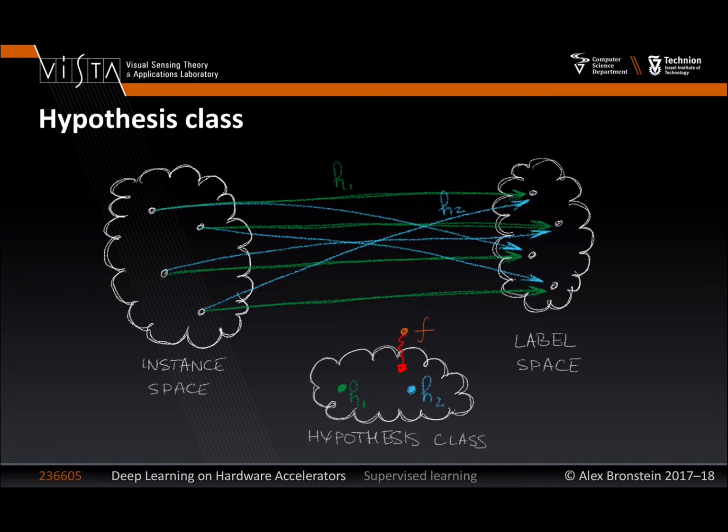Okay, so we now have a training set. We have a space of models, maybe some parametric set of models. Now we need to define what we really mean by the best, right? So we need some numeric criterion that quantifies how good my hypothesis is, how well it describes the training data. Okay?